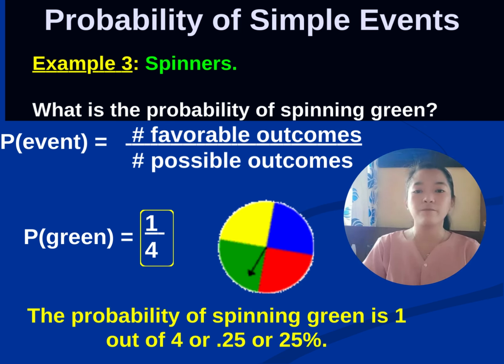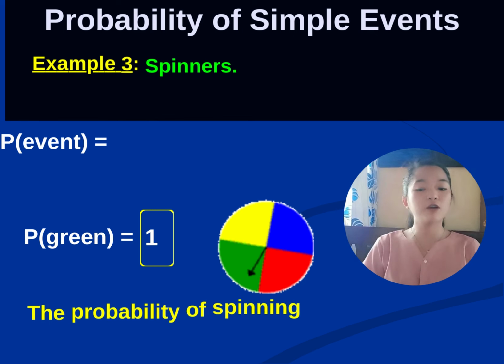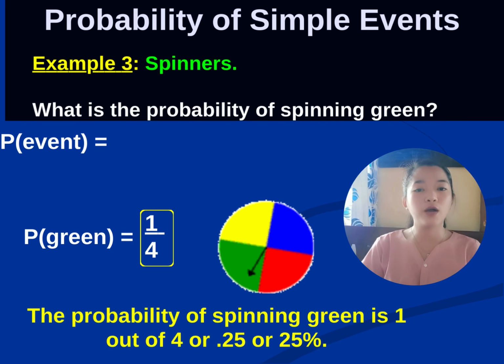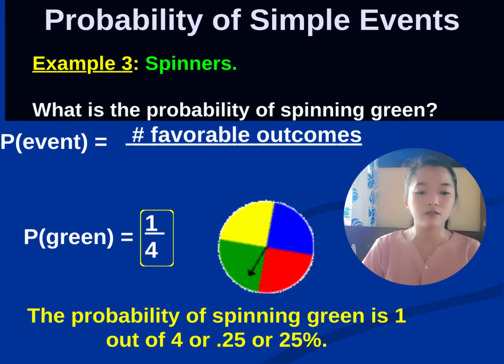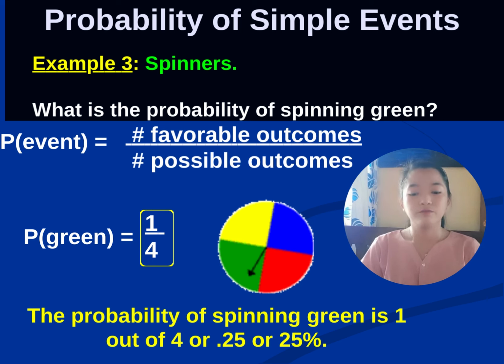So we can use the formula P of event is equal to number of favorable outcomes over the number of possible outcomes. P of green is equal to 1, which is the number of green color, over 4 because we have 4 different colors in the spinner.